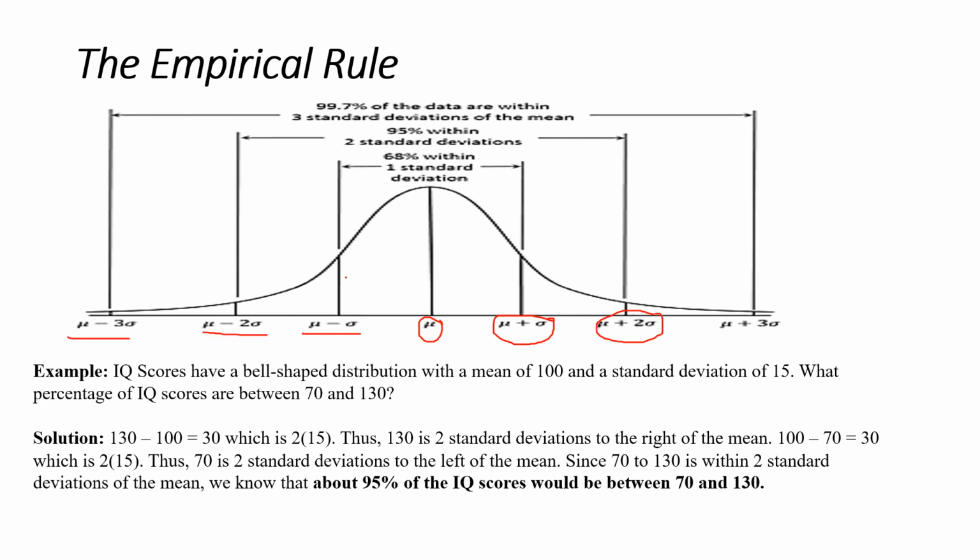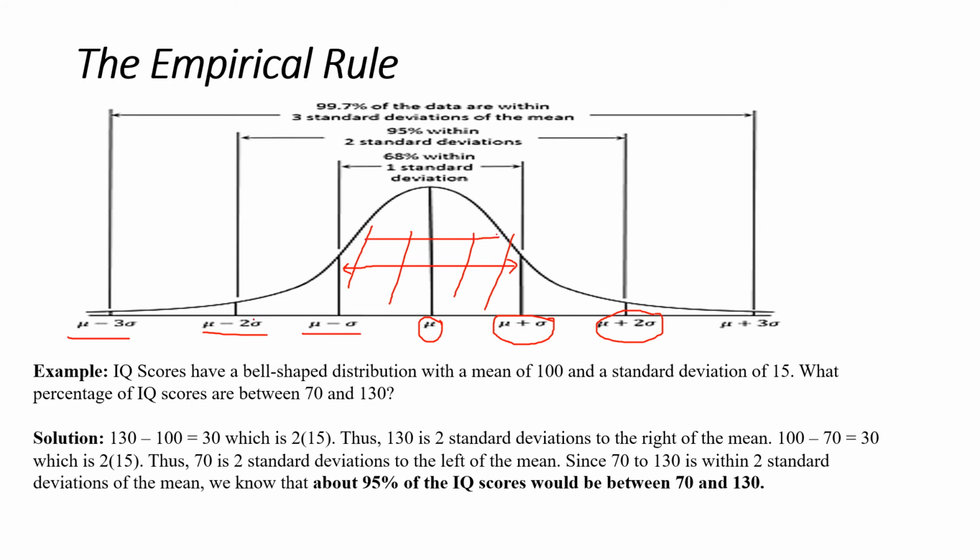This theorem has been arrived at after doing several tests on data. It says about 68% of data will always lie within one standard deviation, means within this range.